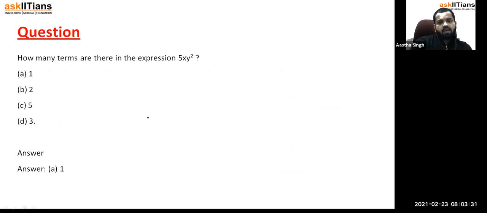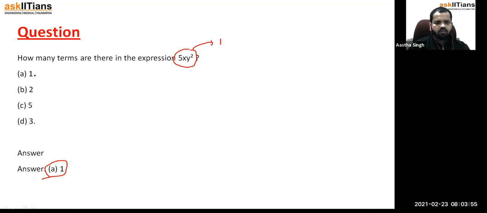Okay, so how many terms are there in the expression 5xy square? It has not asked about the factors, it has just asked how many terms are there. So only one term is there. The answer is one, but we'll make an example of each.